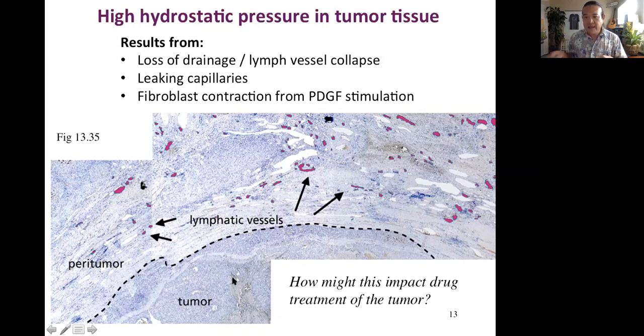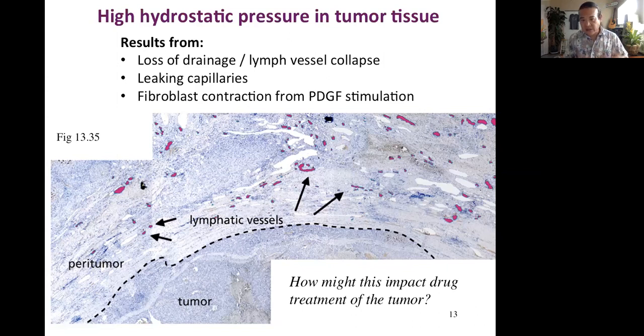How might this impact drug treatment of this particular tumor? In other words, if you imagine that this tumor is in the body somewhere, right, and the patient is being given some sort of drug, a therapeutic drug to treat this tumor. Let's say the person takes it either orally or even IV through their arm.